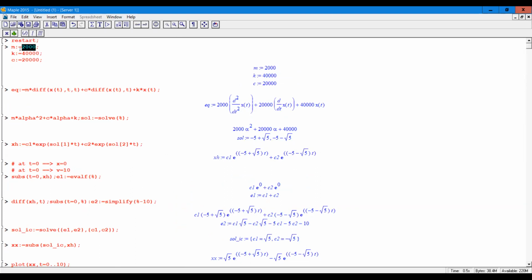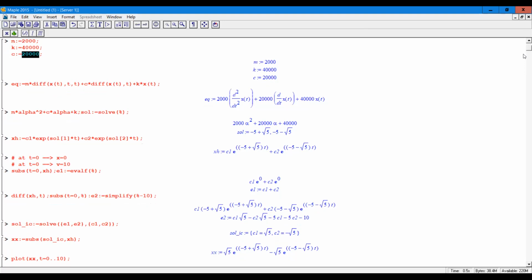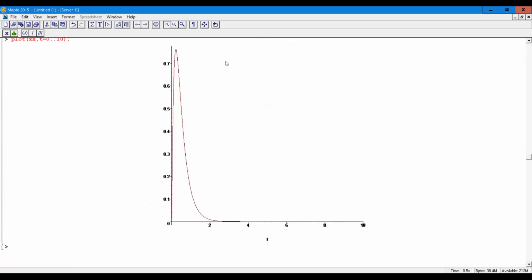You want to stop this car with this system, so you can change k and c, check your response, and see how you can control the position.